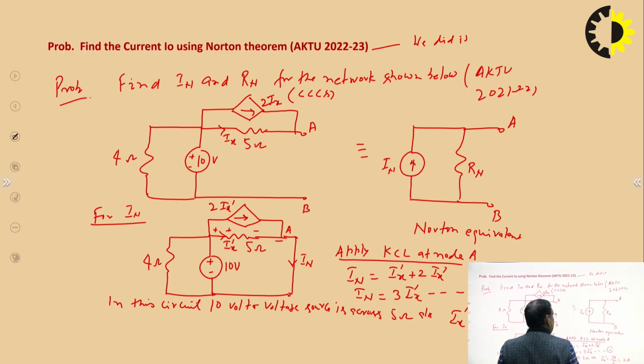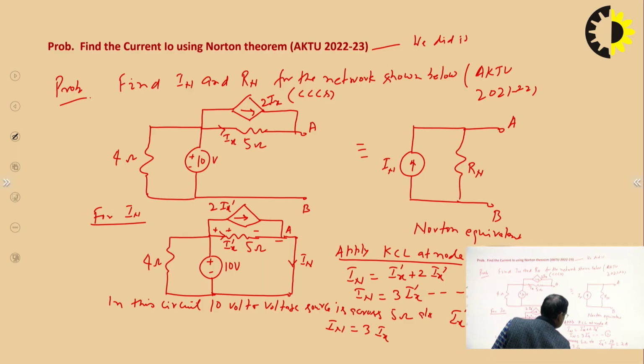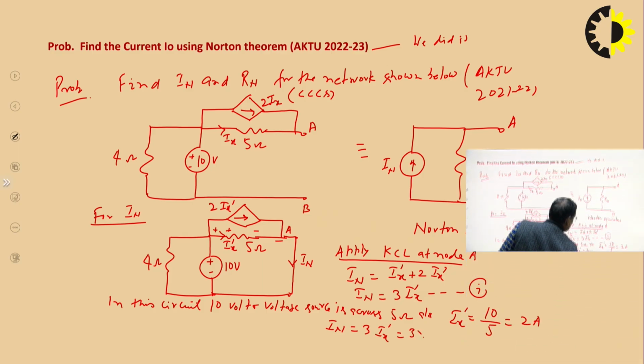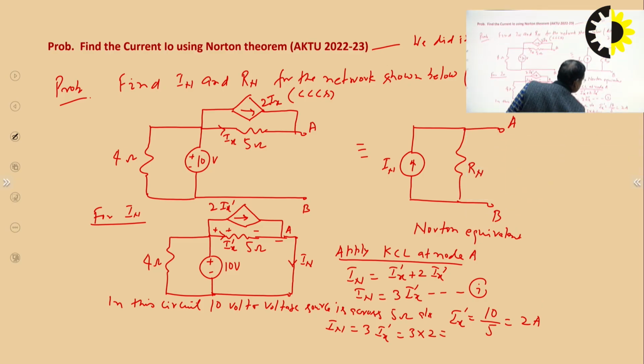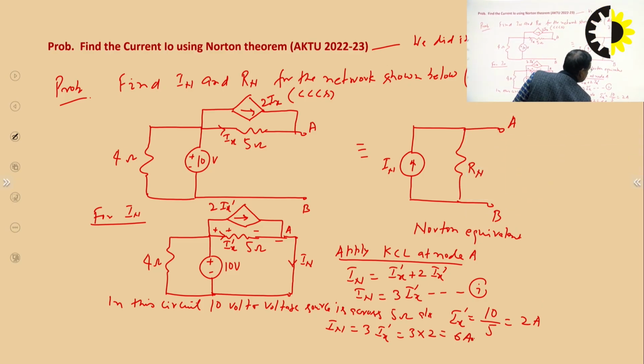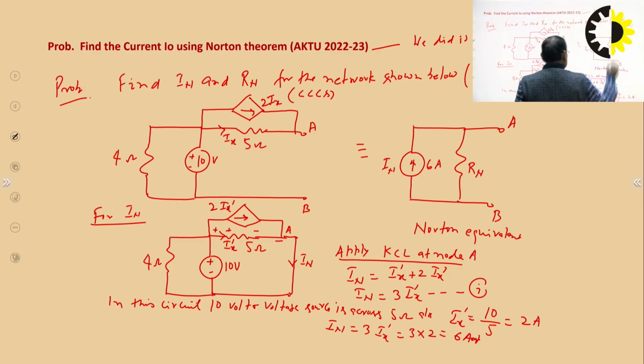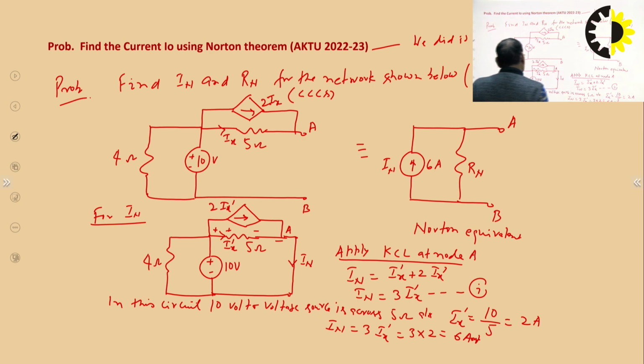Okay, and In is 3 Ix dash. So it is 3 into 2. So it is 6 ampere. So In is 6 ampere. Okay, now next job is to find the Rn, and we can see that the network is containing both independent and dependent sources.